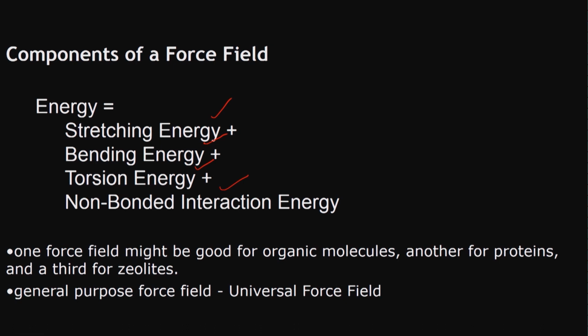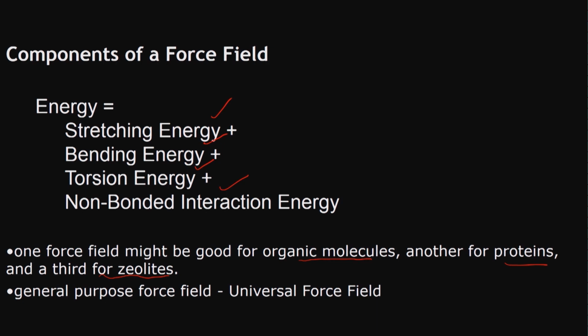There are different types of force fields. There are force fields for organic molecules, for proteins, and for inorganic molecules like zeolites, and of course there are some universal force fields and so on.